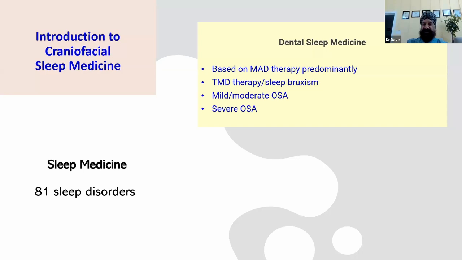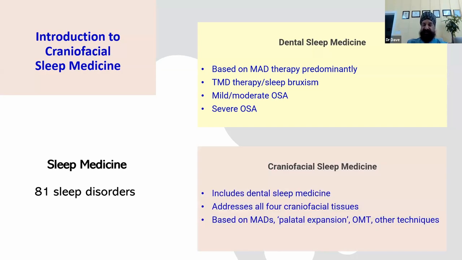Craniofacial sleep medicine is similar. It includes all of the above, but the emphasis is slightly different because we want to address all four craniofacial tissues. We're not predominantly focusing on the mandible or mandibular position. The four craniofacial tissues, as you already know, are the skeletal tissues: that's the cranial base, the midface, including the mandible.